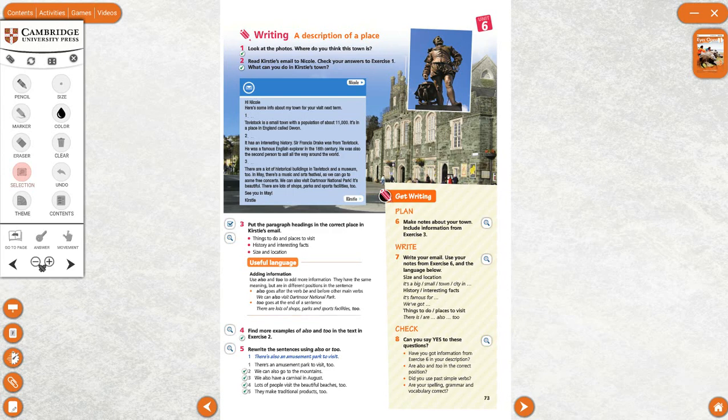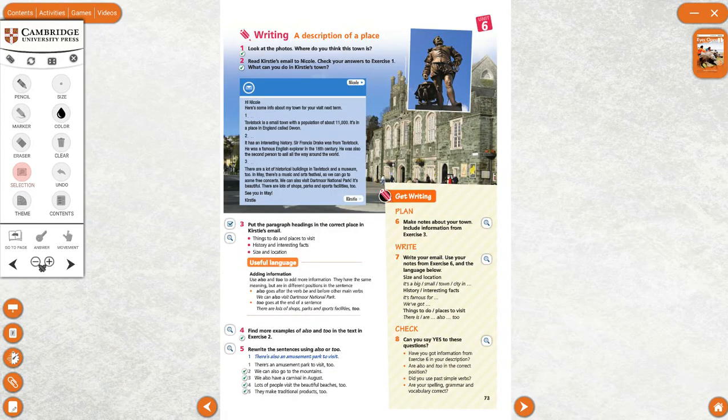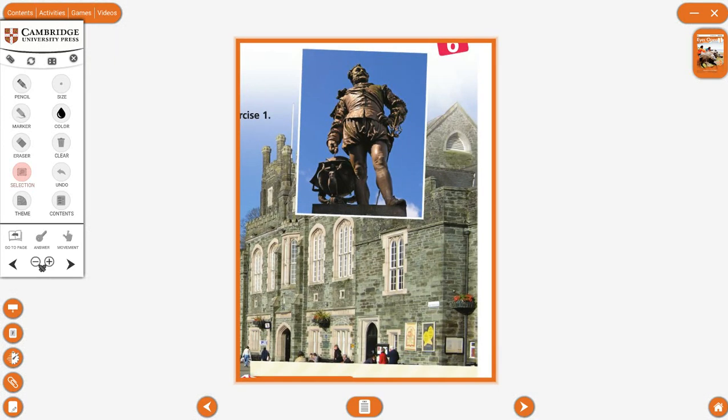Look at exercise 1. Look at the photos. Where do you think this town is? Firstly, look at the photos carefully. This town picture is called Tavistock, and the picture shows Tavistock's town hall and a statue of Sir Francis Drake.